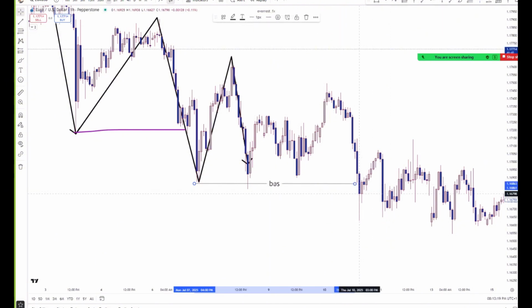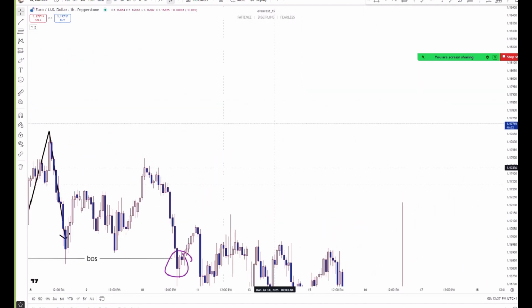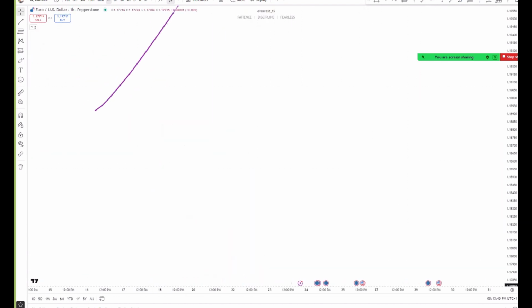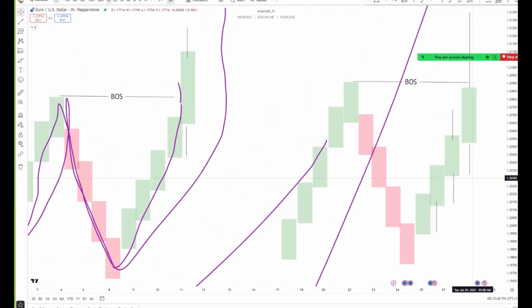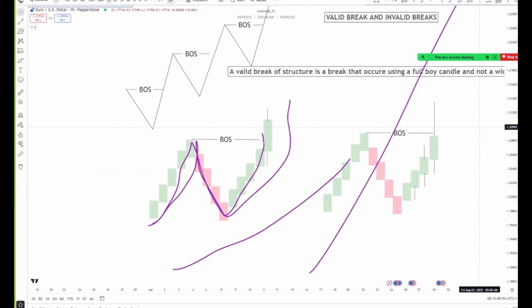So this is where the market actually breaks structure. This place here is where the market really broke structure because it used a full body candle and the candle closed right below the structure. So just note, that's the difference between a valid break and an invalid break.